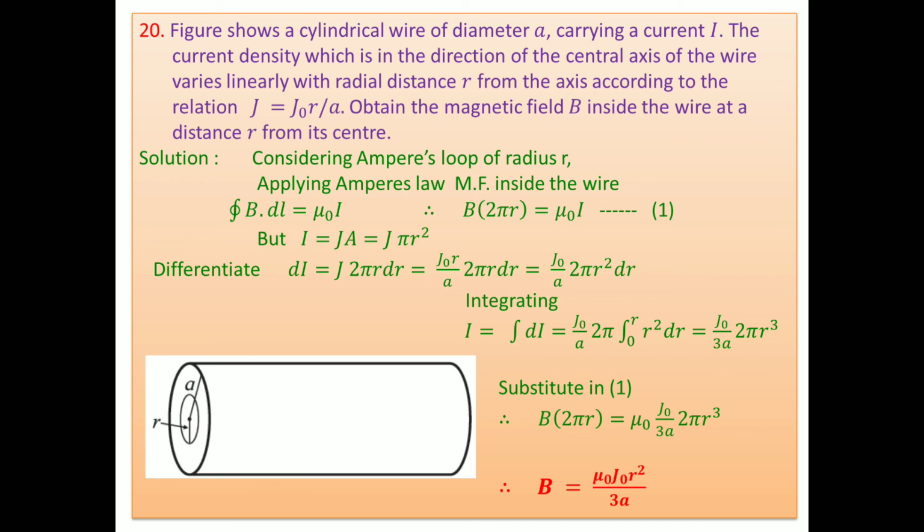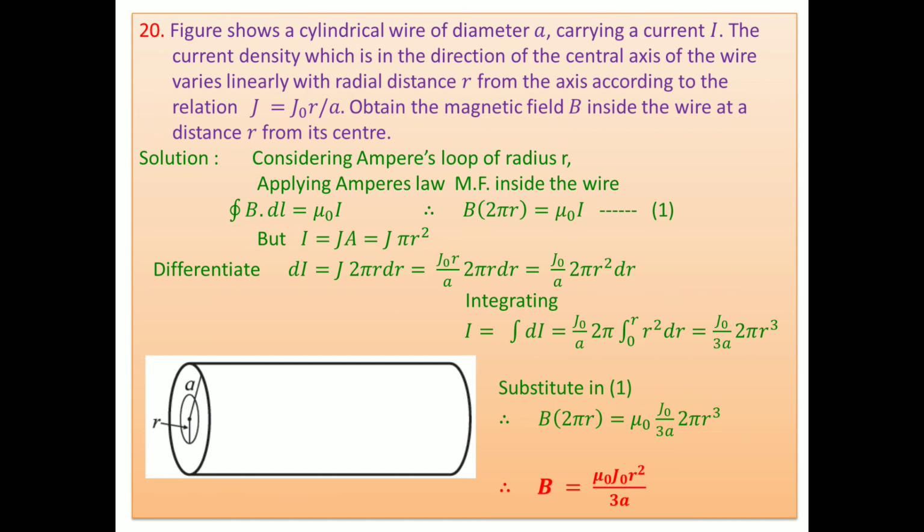r is the radius of the wire, A is the cross section. Obtain the magnetic field inside the wire at a distance r from the center. Means this r is the inner distance given. Now, consider Ampere's law.